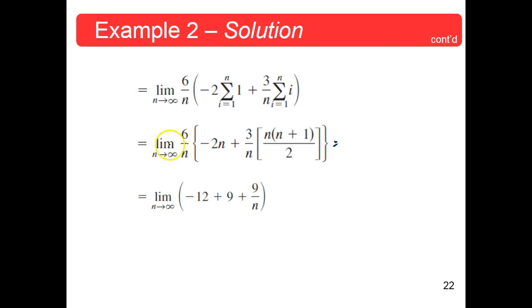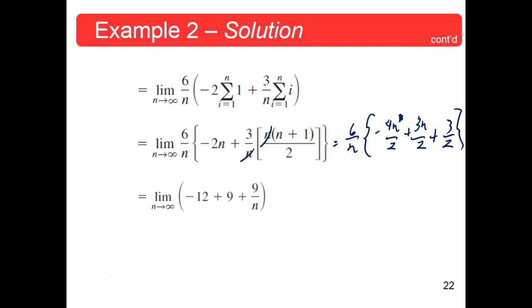This one right here, I'm going to leave off the 6 over n, the limit is in front, times minus 4n over 2. Let's just get rid of that n. Okay. So minus 4n over 2 plus 3n over 2 plus 3 over 2. Right? I believe I did that right.